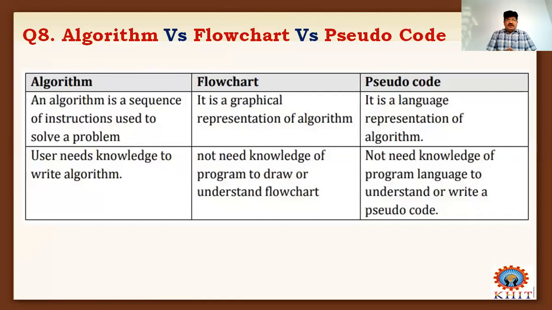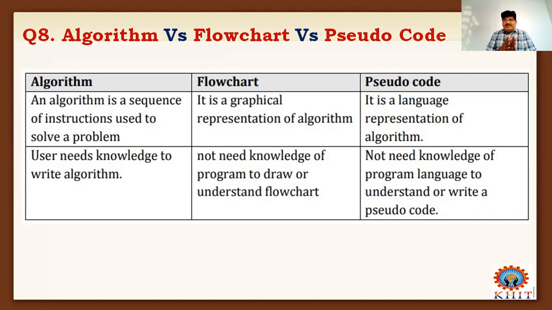And here is the difference among flowchart, pseudocode, and algorithm. This is another question. An algorithm is used to solve a problem, whereas a flowchart is used to represent an algorithm, but in a graphical way. Pseudocode is not a programming language.